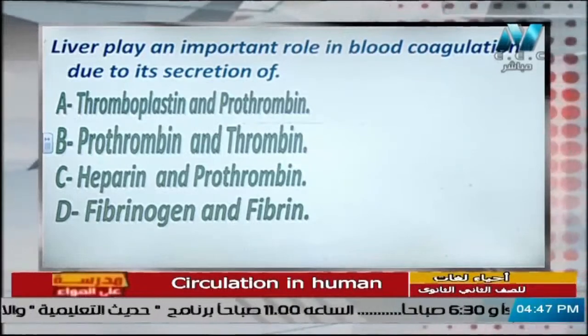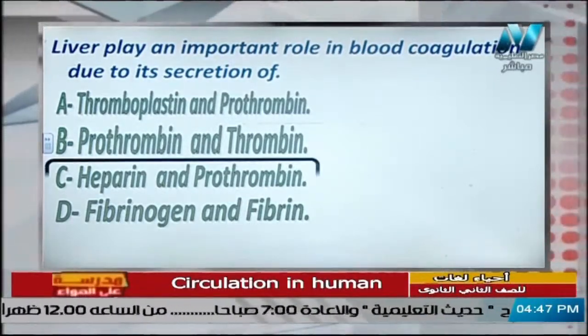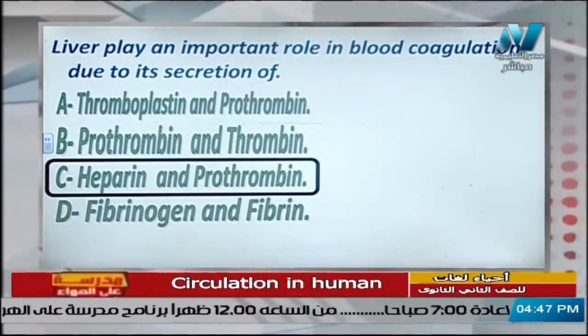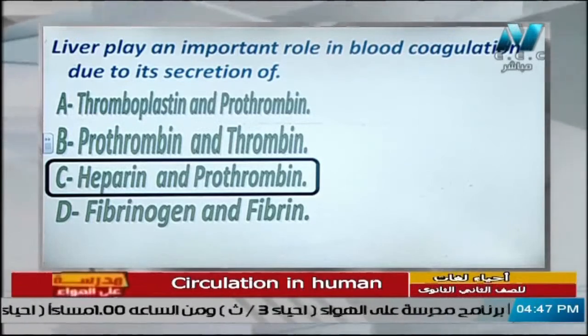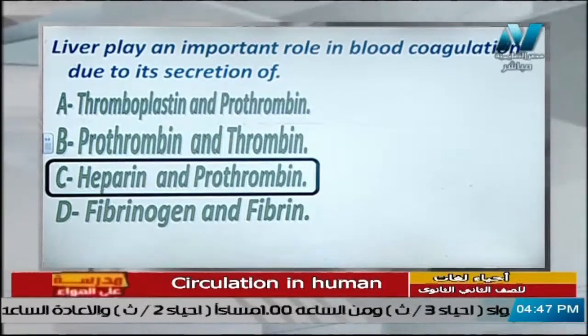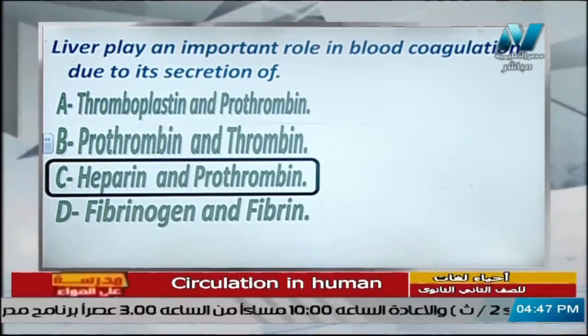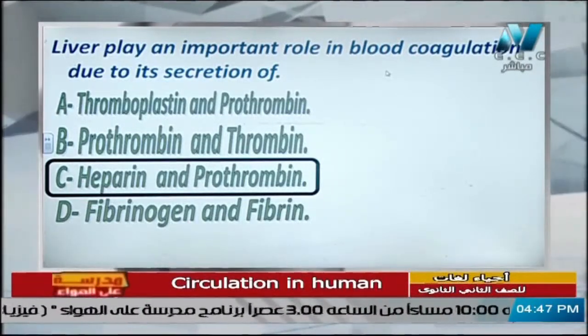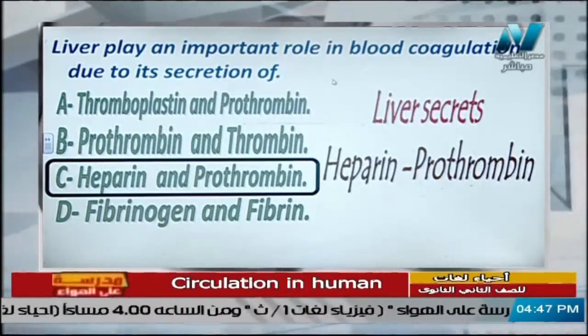Why? My answer depends on heparin and prothrombin. Heparin is an anticoagulant, a substance that prevents clotting, and prothrombin helps complete the mechanism of blood coagulation. Both are secreted from the liver.